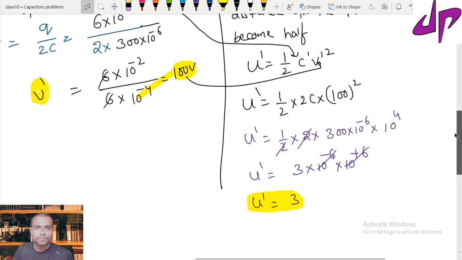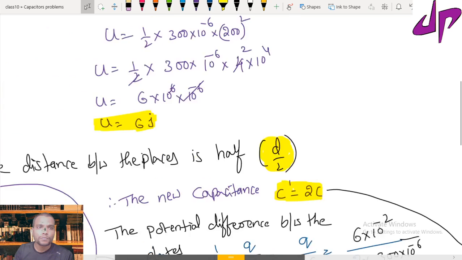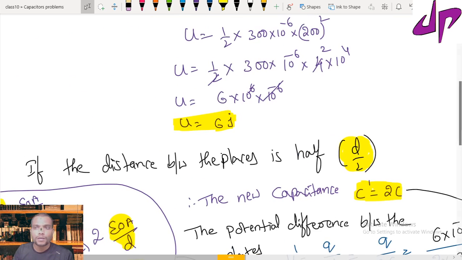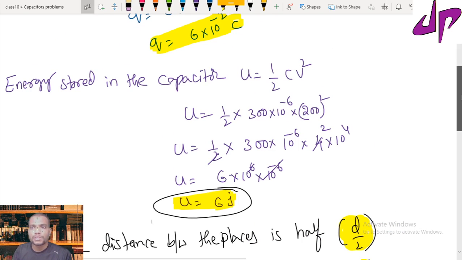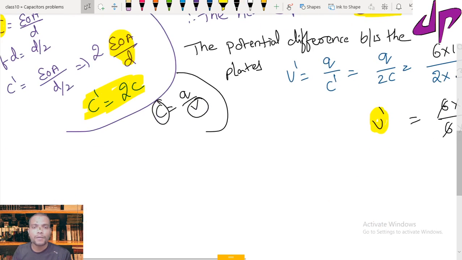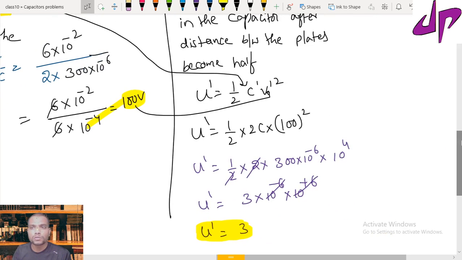Now here we can see that before the distance becomes half, in the first case, the energy stored equals 6 joules. When the distance between the plates becomes half, the energy stored becomes 3 joules.